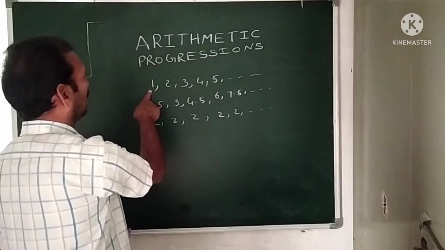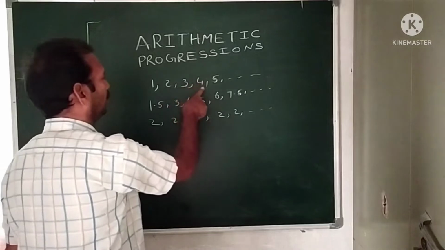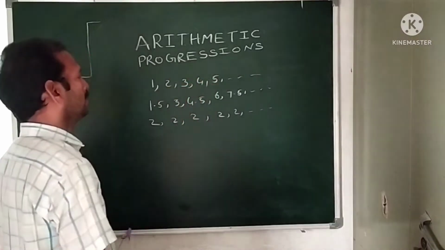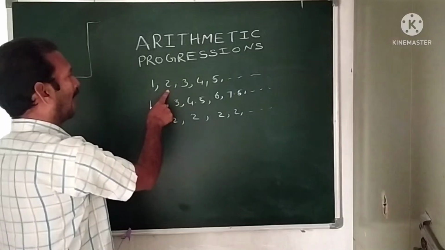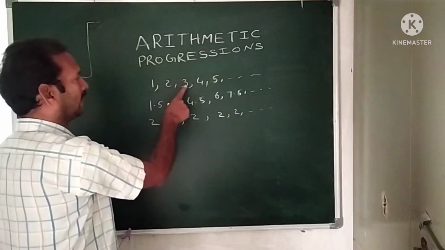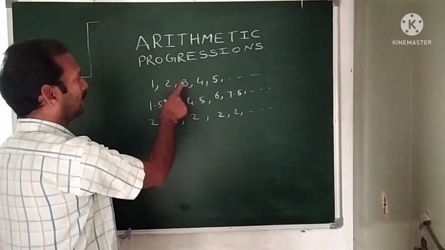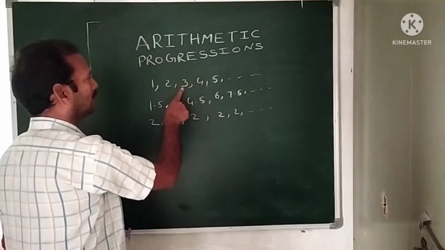each one is called a term. First term, second term, third term, fourth term, fifth term. To obtain the second term, add 1 to the first term. To get the third term, add 1 to the second term. To get this, add 1 to this term.